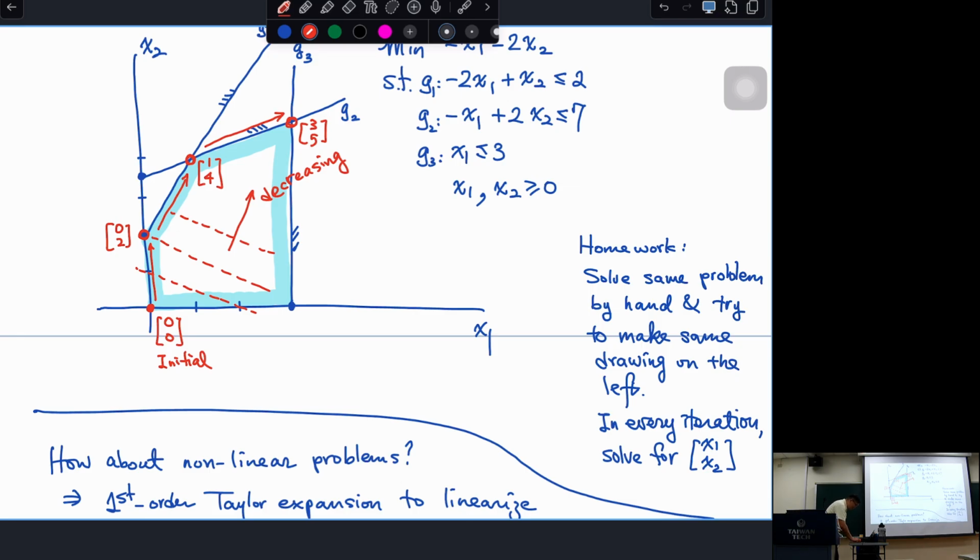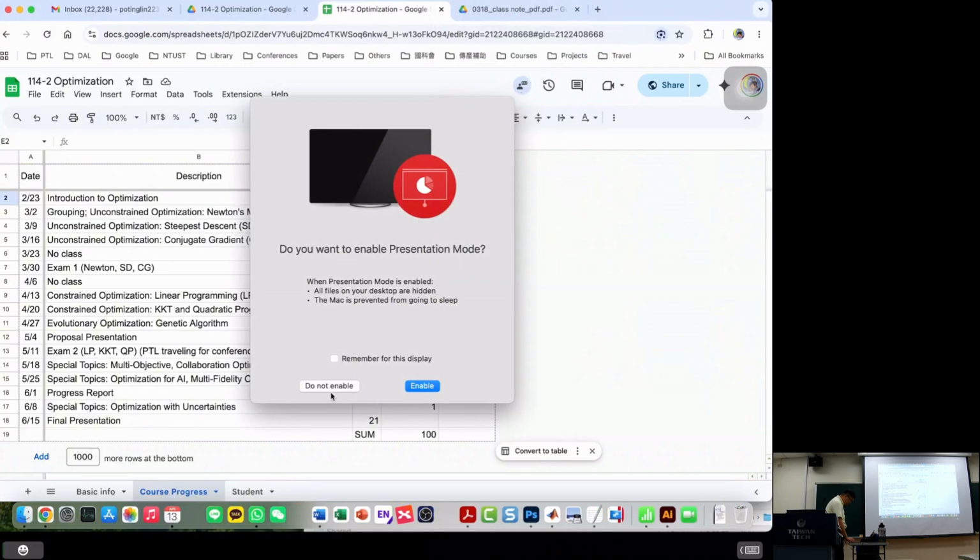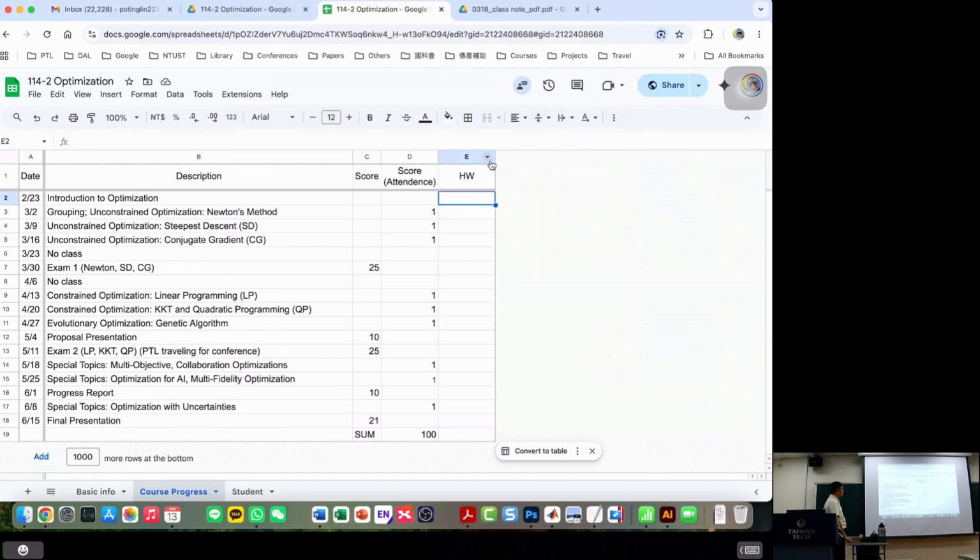Okay, so homework. I will show you what I mean. So earlier I said there's no homework. So here, just for linear programming, I have a homework, so let's say 3 points.